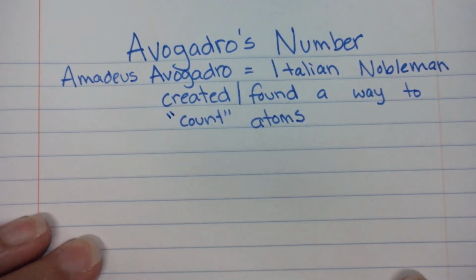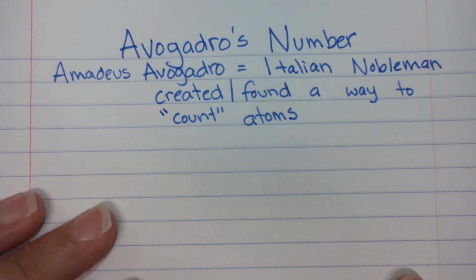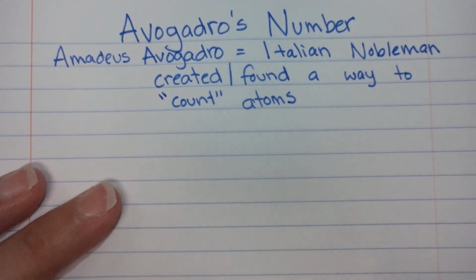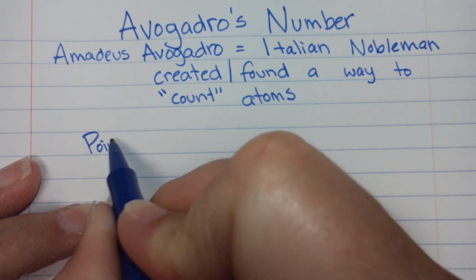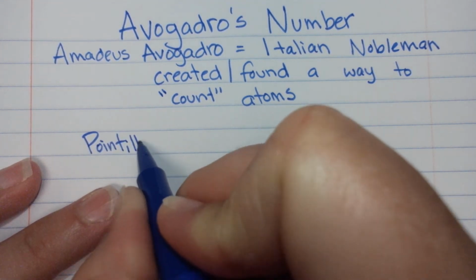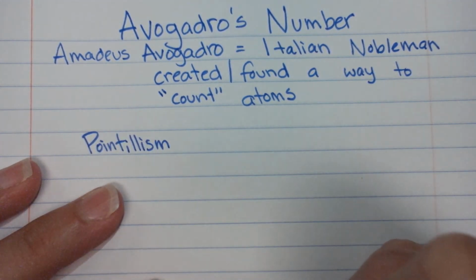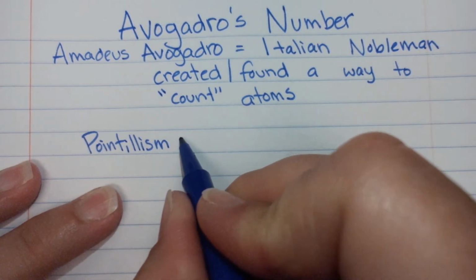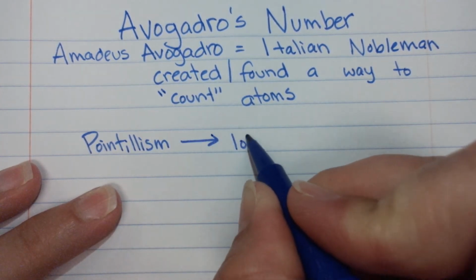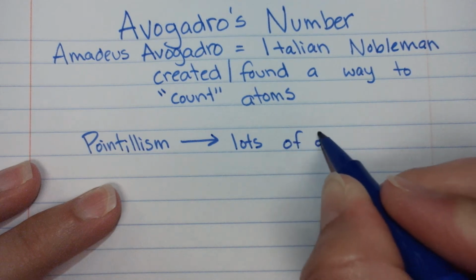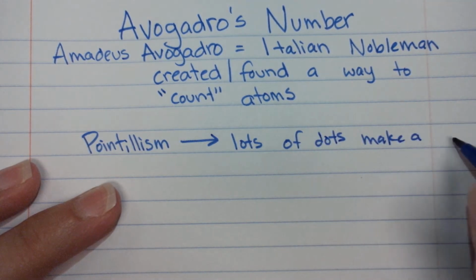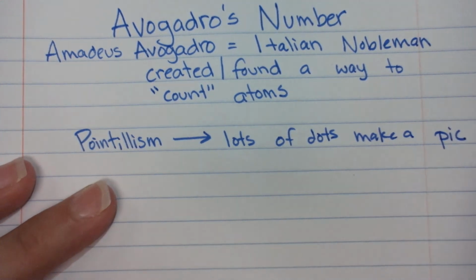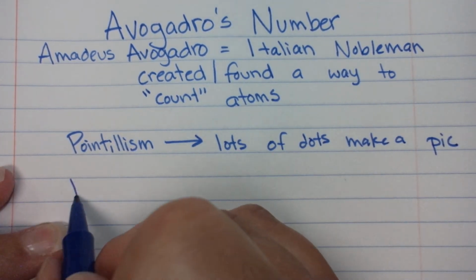Okay, so where does this come from? Why are we talking about this? How did we get here? If we remember the dot art that we did, the pointillism piece with the alien spaceship picture, pointillism, lots of dots make a picture. Okay, then we talked about the penny.